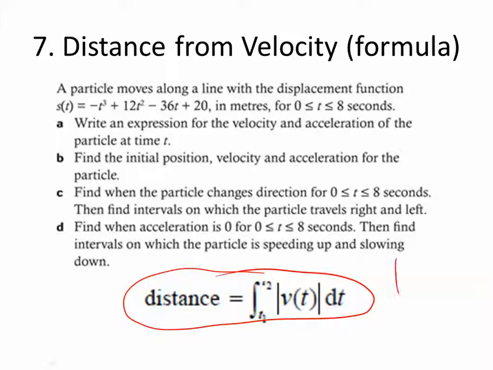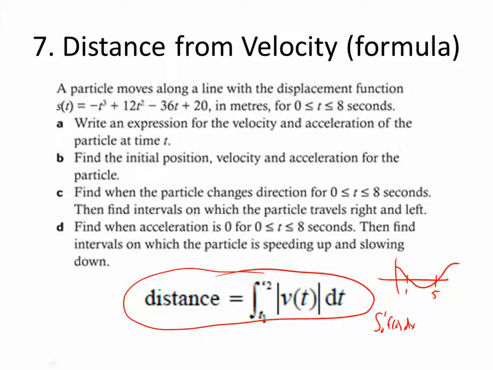You remember in class we said, okay, if you have your graph for velocity and it passes down below the axis something like this, then you would take your numbers, and let's say this is 1 and 5. Then you would do the integral from 0 to 1 of f of x dx, and then you would have to separate it because this is now negative, but we don't want it to be negative for distance.